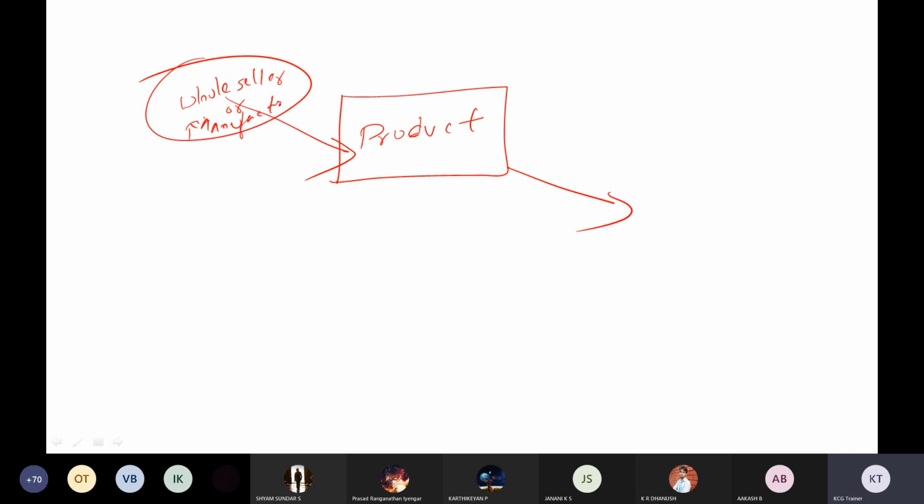You can take an example, okay? Either a wholesaler or a manufacturer, it comes from one place. So the complete scenario is important. Why? I'll tell you.